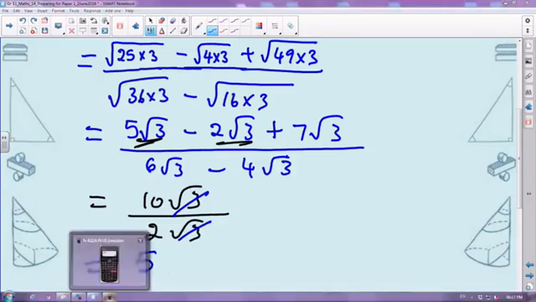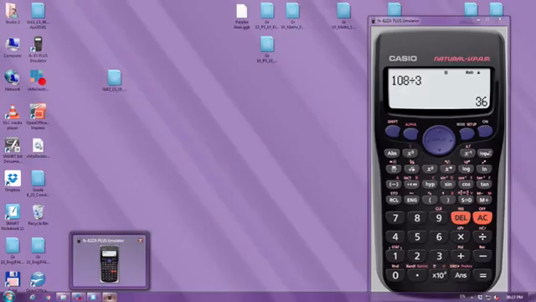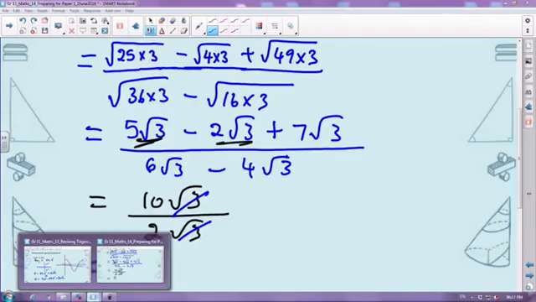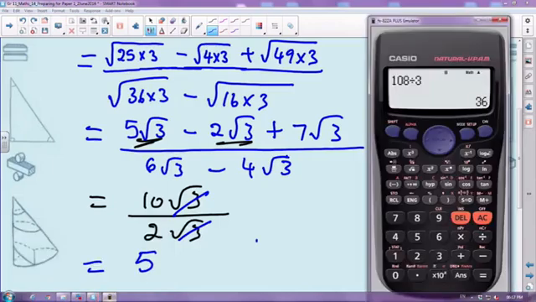So now, guys, to check your answer, you type in the whole thing.